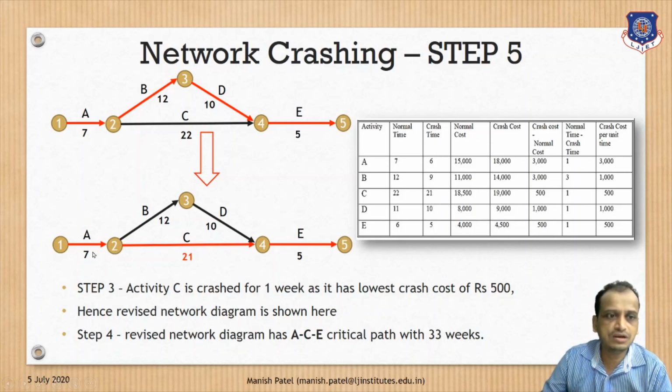If you see here, 21 plus 7, 28, 28 plus 5, 33. On the top, 12 plus 7, 19, and 19 plus 10, 29, 29 plus 5, 34. So 34 is the critical path in the revised network diagram, and ACE is 33 weeks.